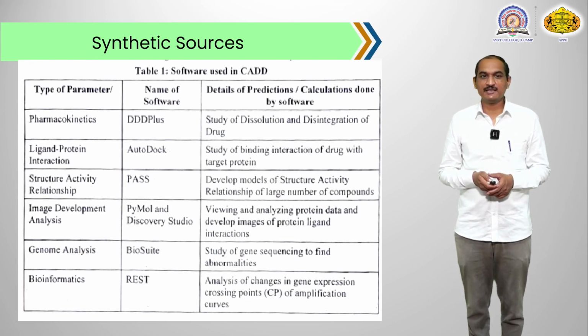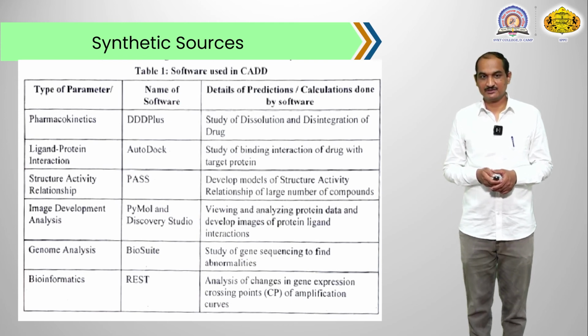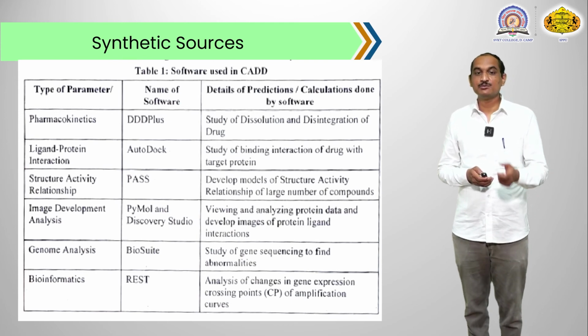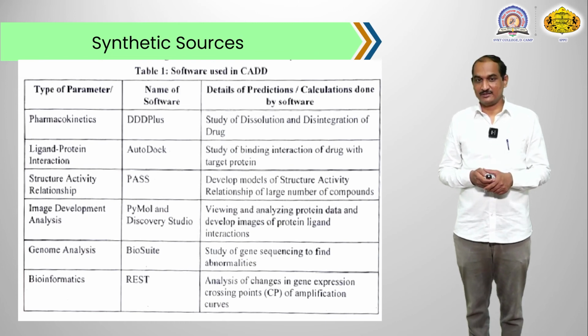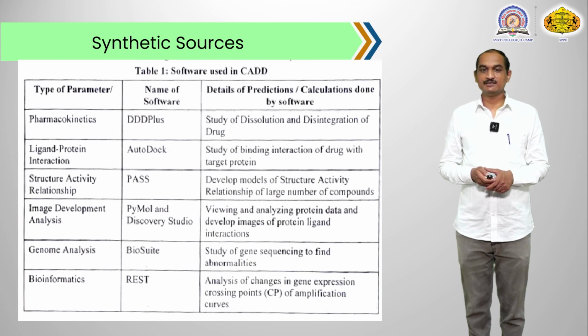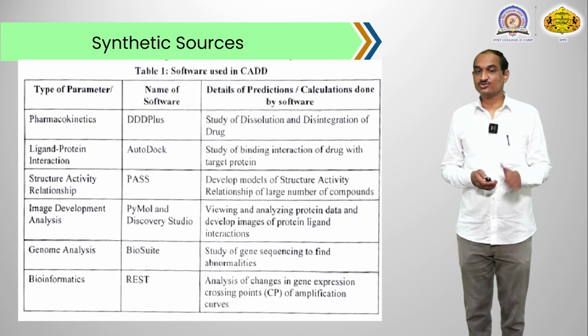In the first column, there is the type of parameter studied by the software. In the second column, the name of the software, and in the third column, the details of the predictions or calculations done by the software.